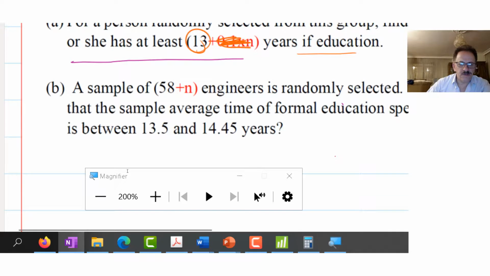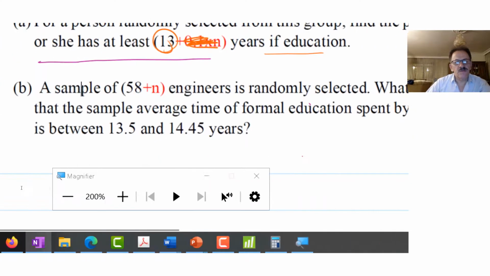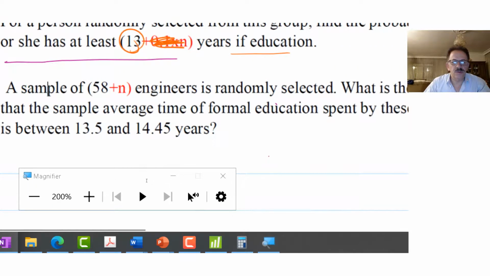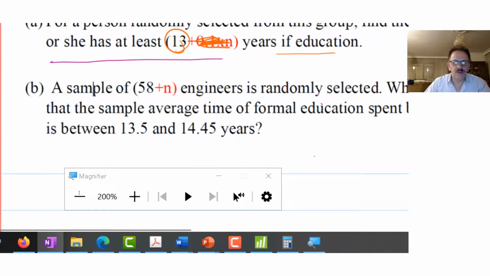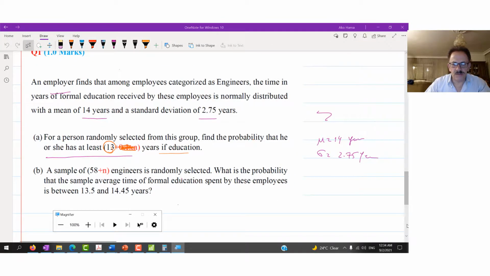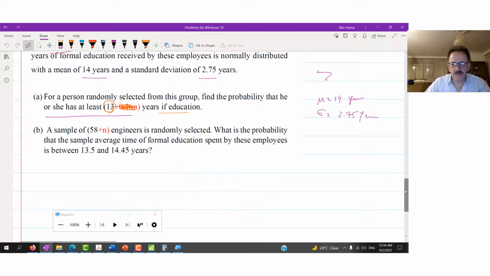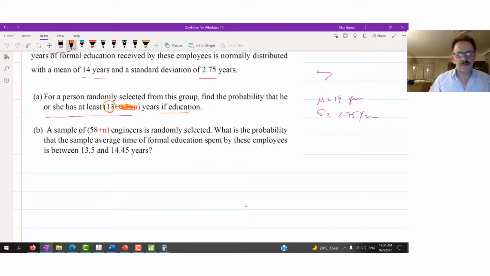Now the other part of the question says that if a sample of 58 engineers is randomly selected, what will be the probability that the sample average time of formal education spent by these employees is between 13.5 and 14.5? So if I want to solve this normally with hand calculation, because the mean is 14 and the sigma is 2.75 and the sample size here is 58, and remember this is your n.